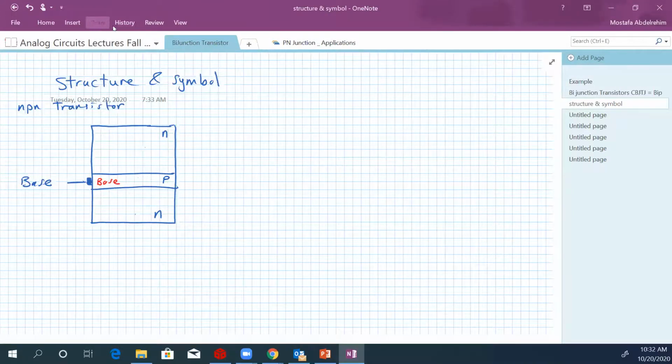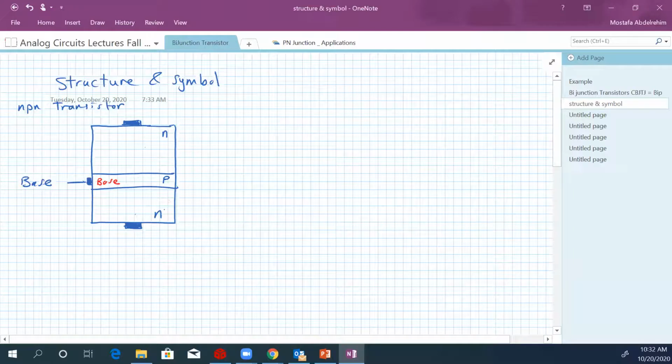We have another terminal here and another terminal here. So up to this moment, this looks like a symmetric device. I mean, this terminal is just equal to this one because this region is just like this region. No, so this is actually not true.